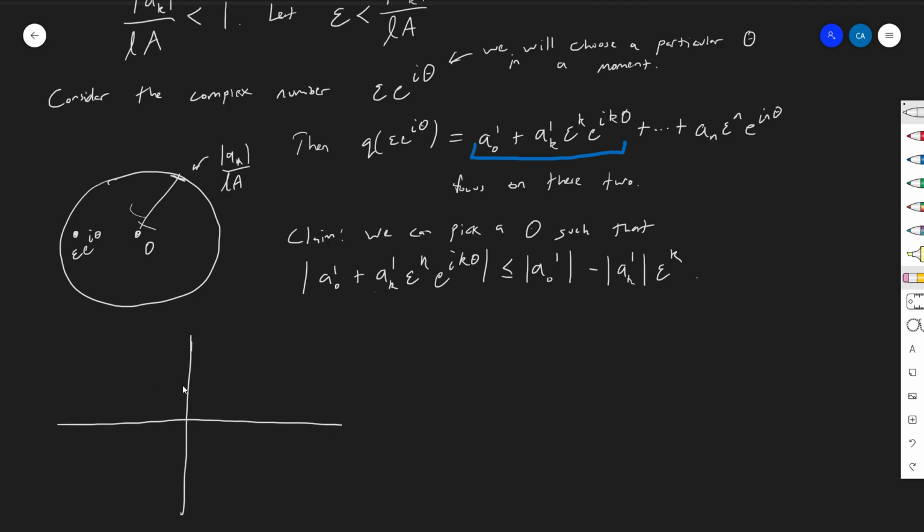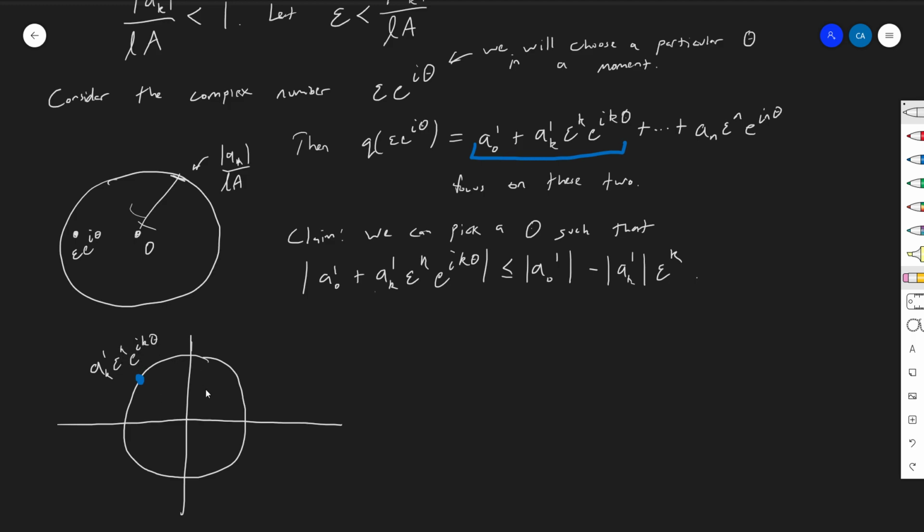So I'm going to draw a circle here. Specifically, my complex number is like right here, let's say. And what I mean by this is that this right here is a sub k prime epsilon to the k e to the i k theta.